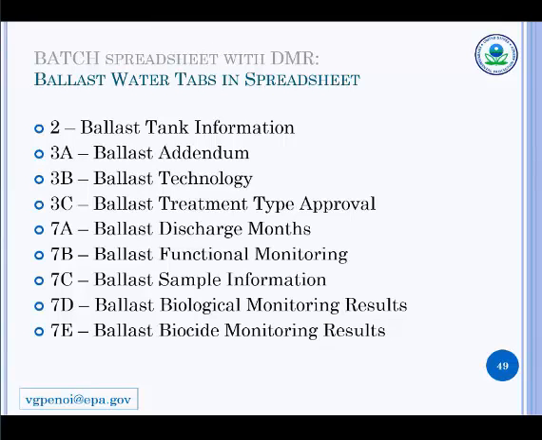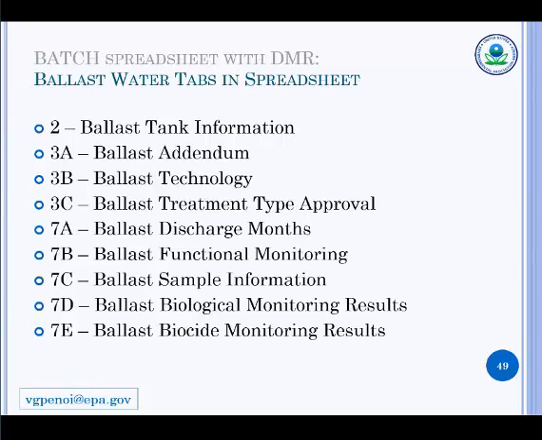Tab 2 is where you'll identify each ballast tank on the vessel. And again, as I mentioned, if you have an annual report with multiple vessels, you'll have one row on tab 2 for each ballast tank for each vessel. So if you have 10 vessels with 10 tanks, you will have 100 rows of information on tab 2.